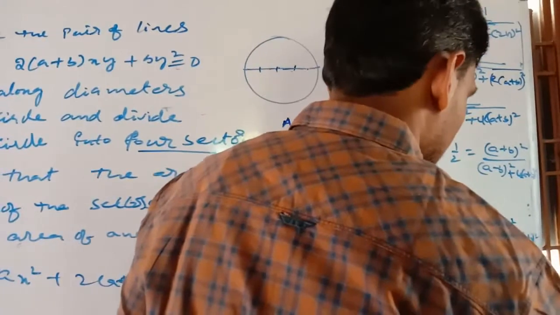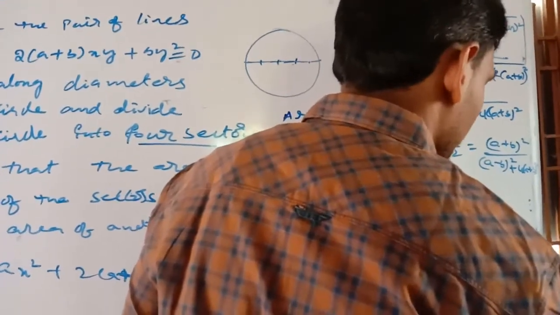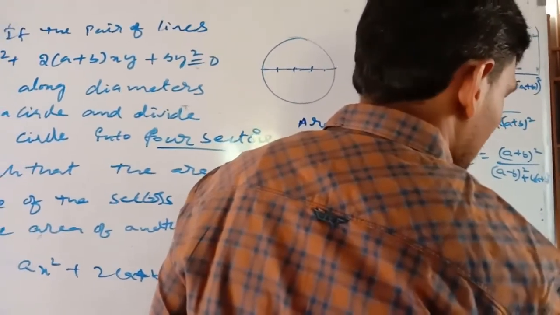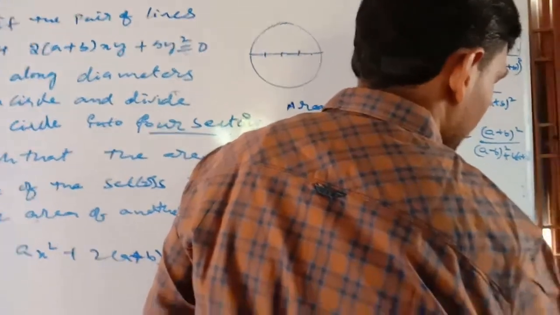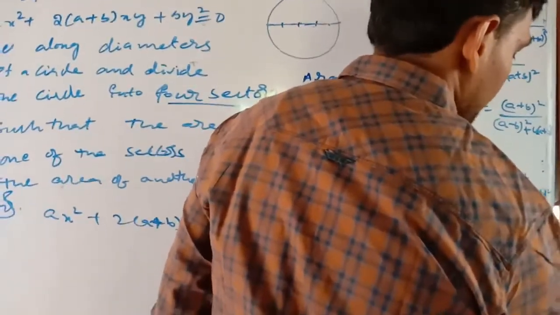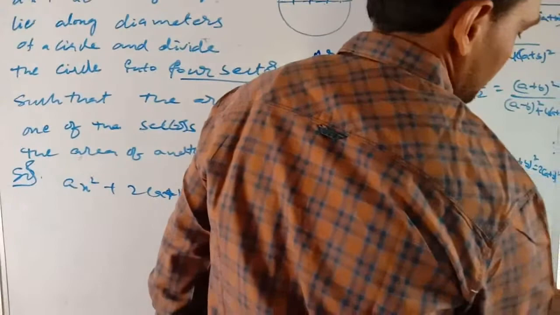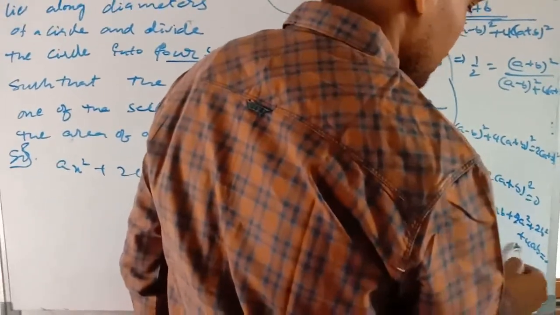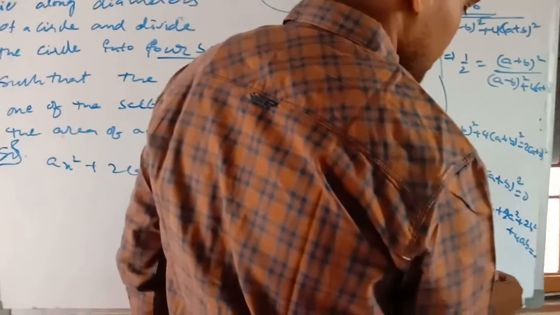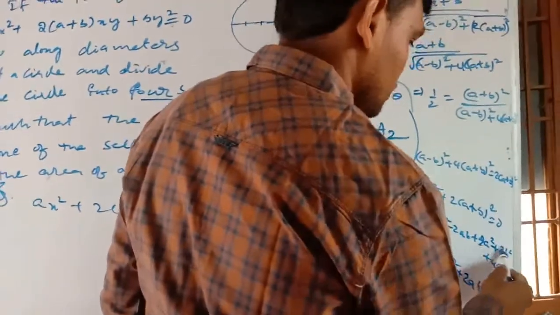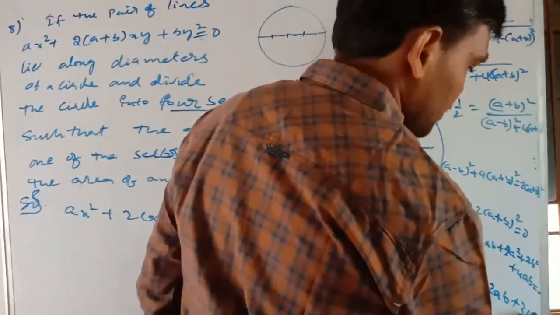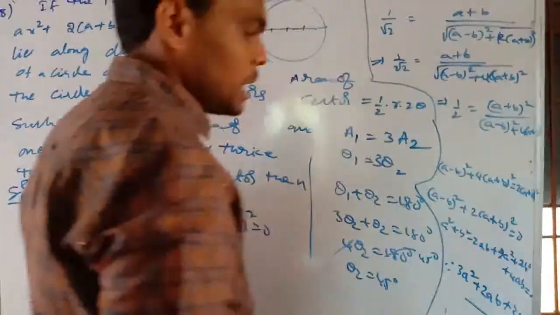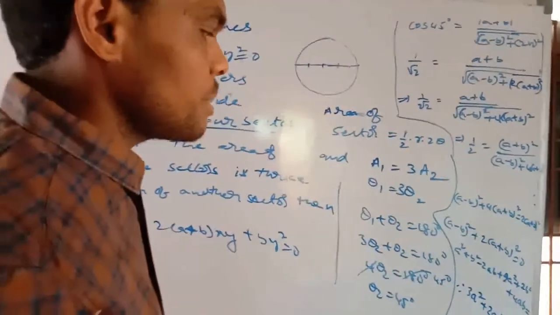Now expanding (a minus b) whole square, a square plus b square minus 2ab, and using the (a plus b) whole square formula, we get 2a square plus 2b square plus 4ab is equal to 0. Combining, a square plus 2a square is 3a square, 4ab minus 2ab is plus 2ab, and b square plus 2b square is 3b square. Now the required answer is 3a square plus 2ab plus 3b square is equal to 0.